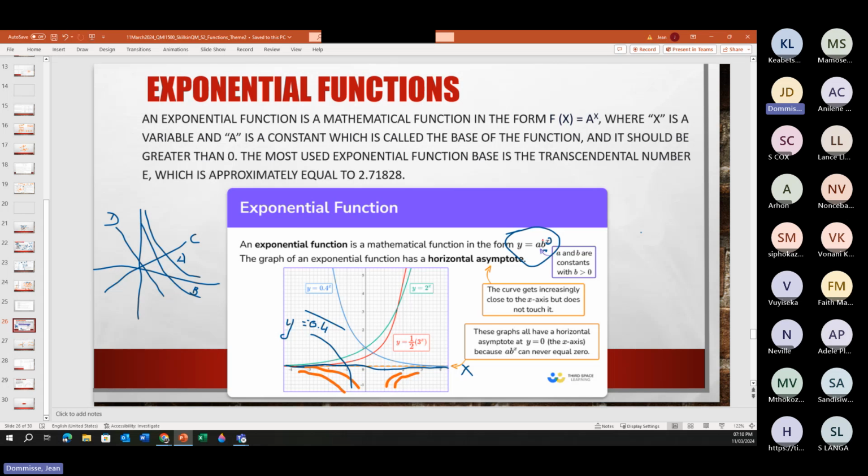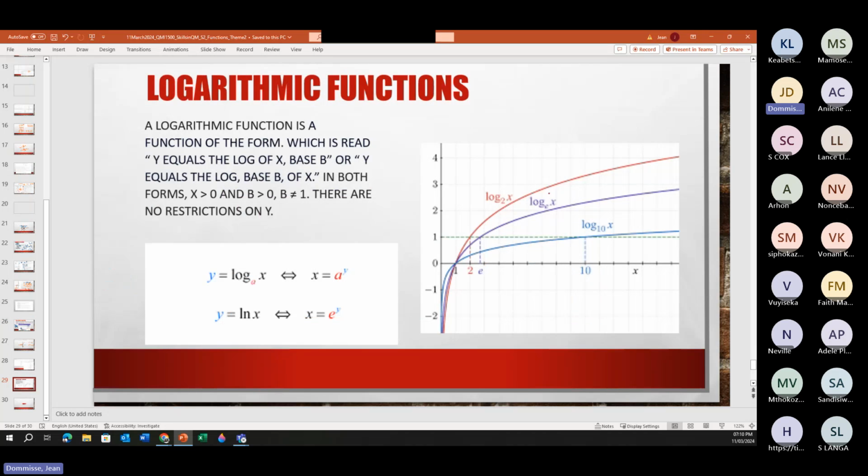If you look at that function, it does not cross the axis. But if we put in that same function and add a constant, then it will move accordingly through that constant.